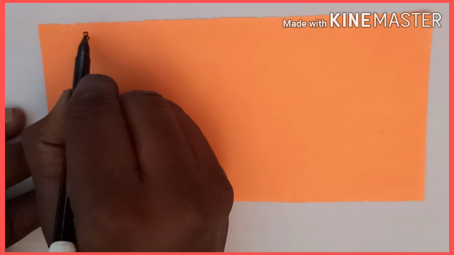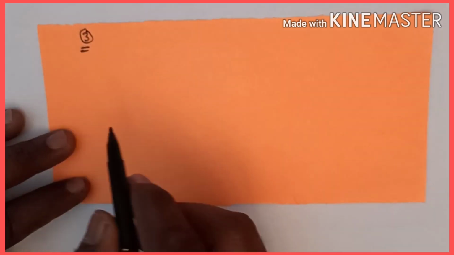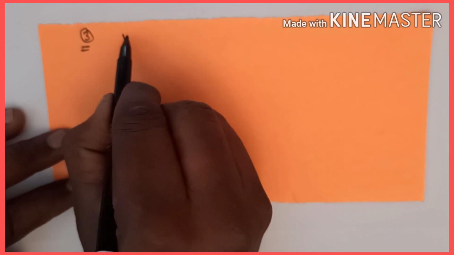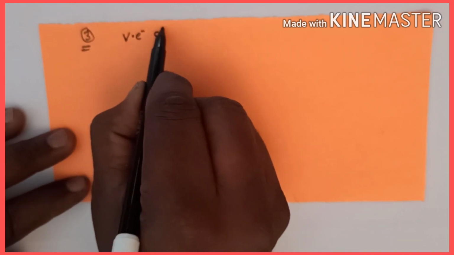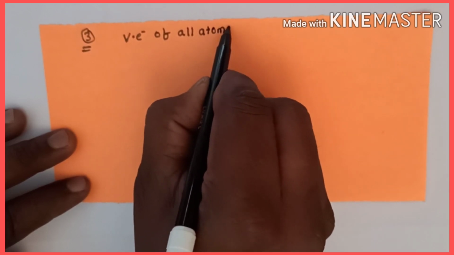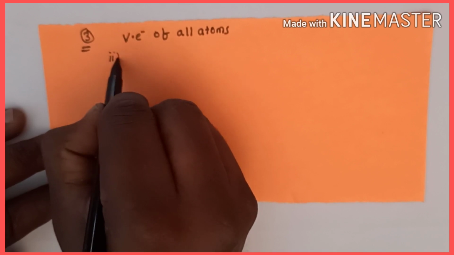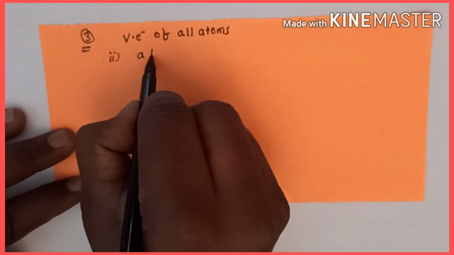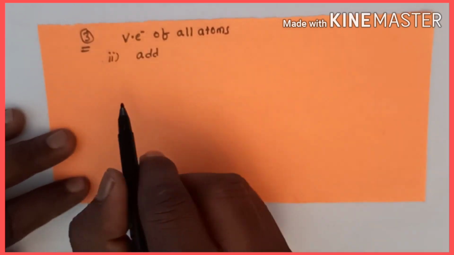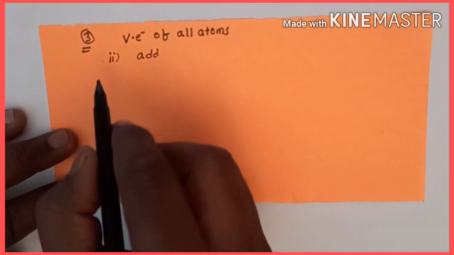In method 3, first we should take the valence electrons of all atoms. Now add all the valence electrons of all the atoms in the molecule.